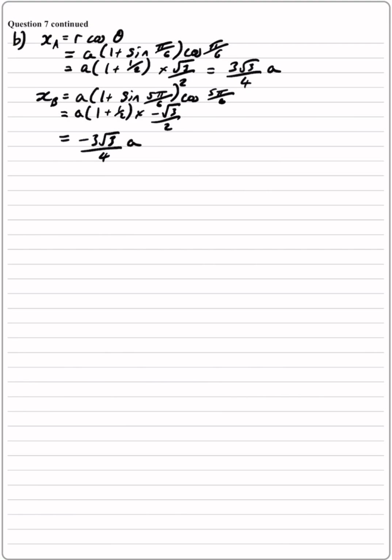Now it tells us in the question that the distance between these two is 10. So if I subtract one from the other, we get 3 root 3 over 4 lots of a, subtract negative 3 root 3 over 4 lots of a. That's going to be equal to 10. So 6 root 3 over 4 lots of a equals 10.